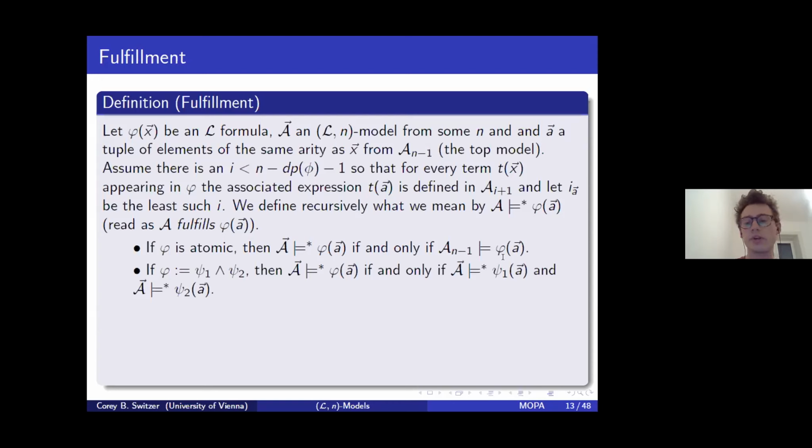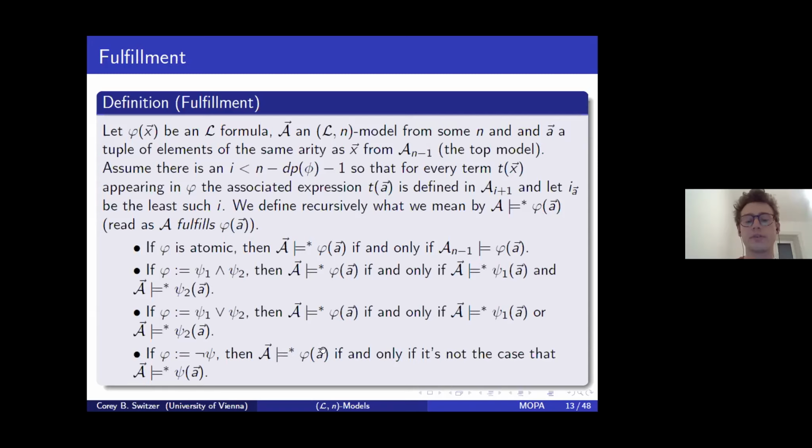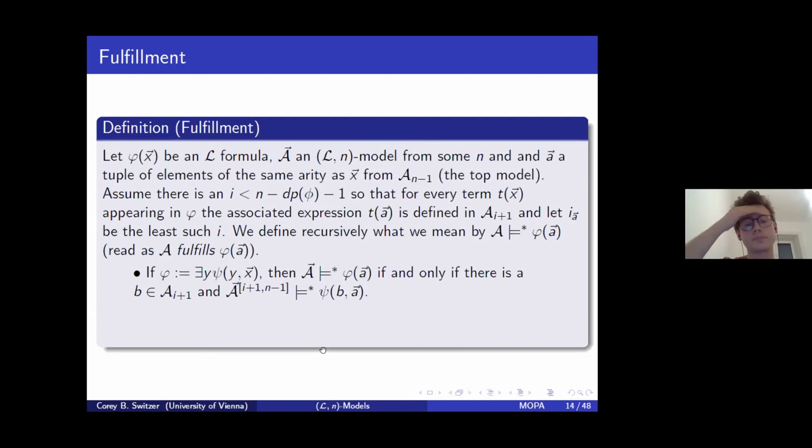For the Booleans, it's exactly what you think it should be. If phi is C1 and C2, then A fulfills phi just in case it fulfills each of the conjuncts. And the same for the disjuncts. And for negation, A fulfills phi of A vector just in case it's not the case that it fulfills the negation. The interesting case is the quantifiers.